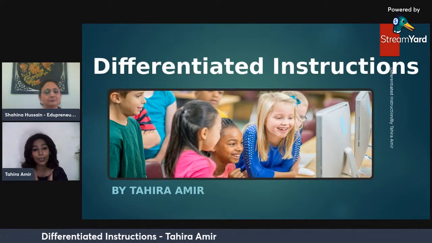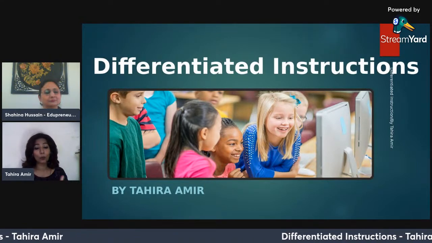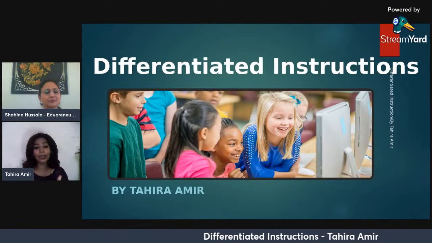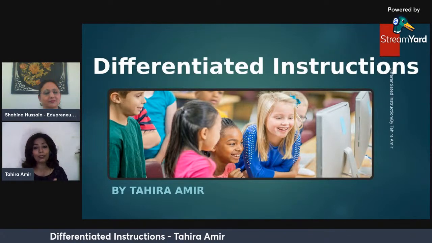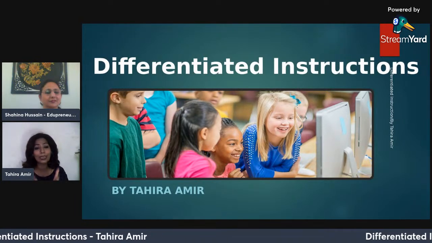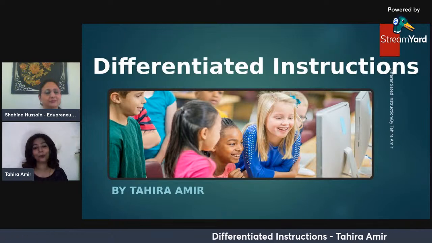So it's very important for the teacher to deliver instruction in the best possible way. This is where differentiated instruction, or DI, which means altering instruction to meet individual needs, works.